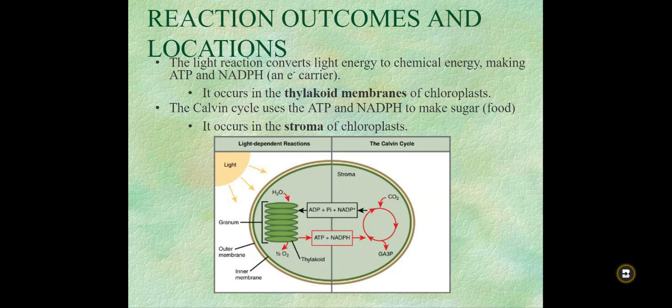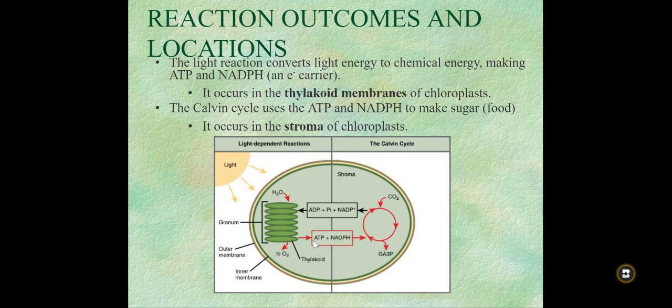Others are going to say you have to go around it twice. This particular diagram is saying you have to go around twice, and this G3P is half a sugar, and then you would get the other half of the sugar when you went around it twice, and then they join together to make glucose. So don't let this part be something that's confusing.